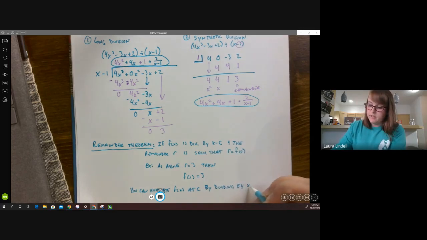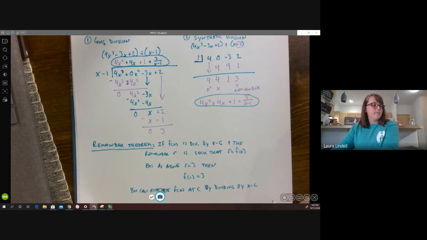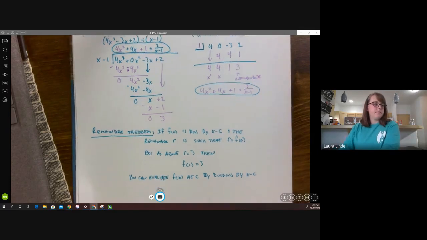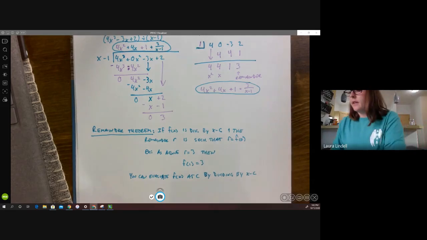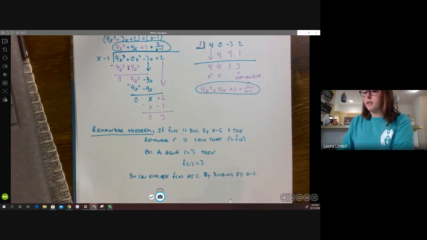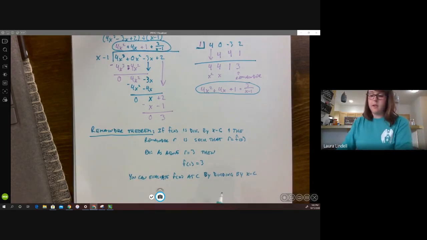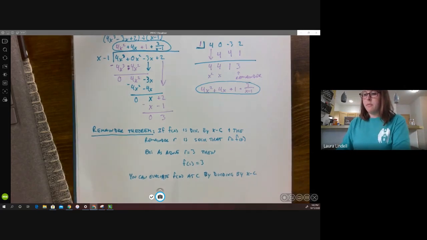So we can evaluate f of x at c by dividing by x minus c and finding the remainder. So that's the remainder theorem.